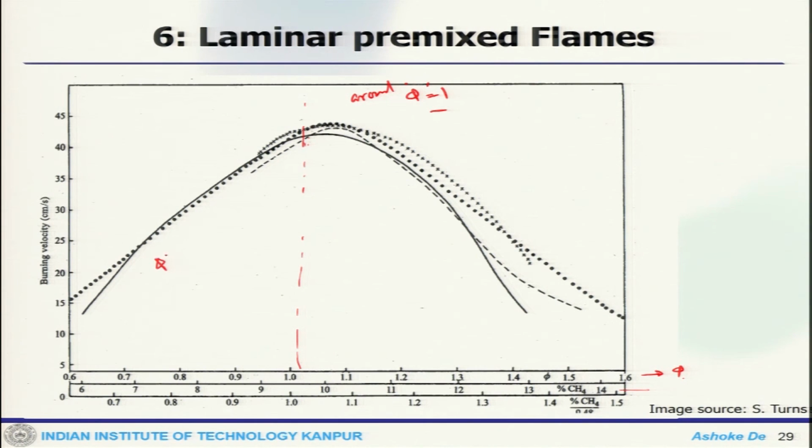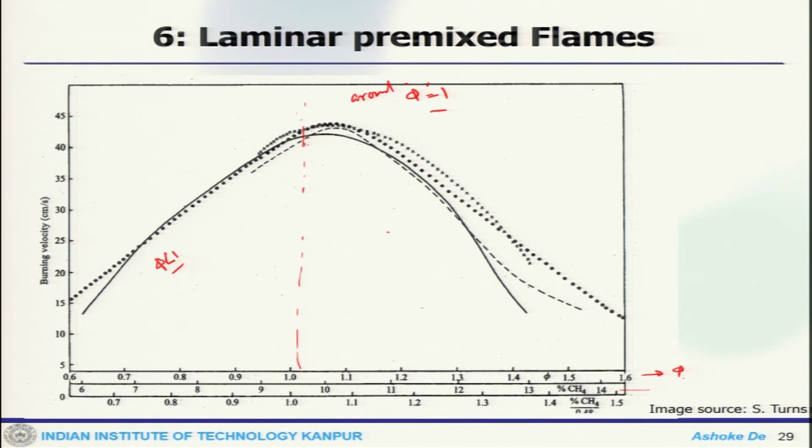Before that, phi less than 1 means the lean condition, where the temperature would be lower and it is completely burned. So, it is increasing, because as phi increases, fuel increases, temperature due to reaction increases, and SL increases. It reaches a maximum around phi equals 1, which may not be exactly 1.